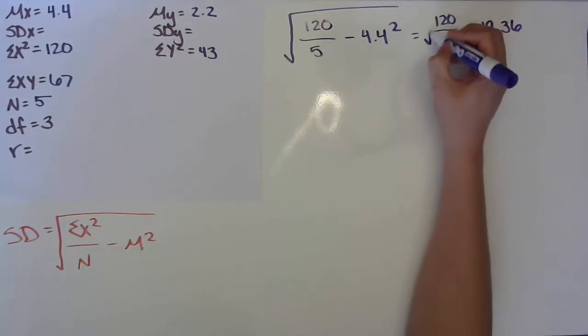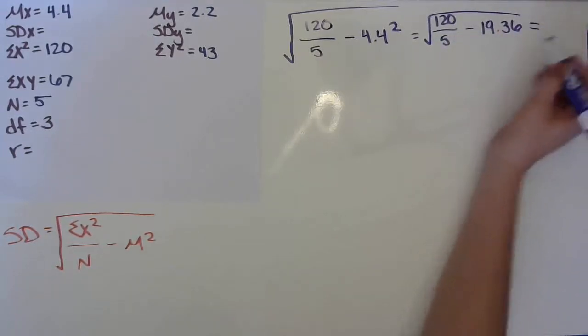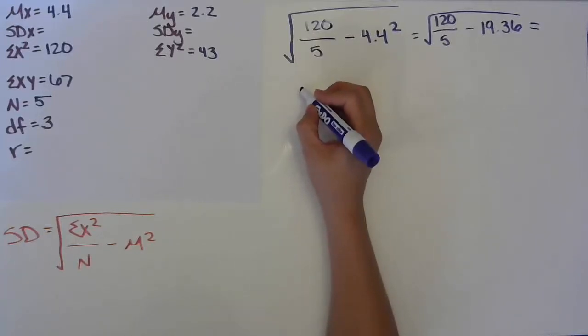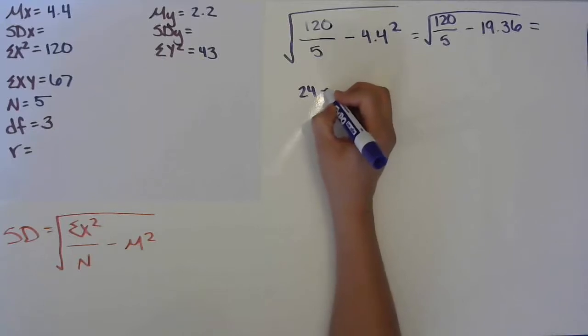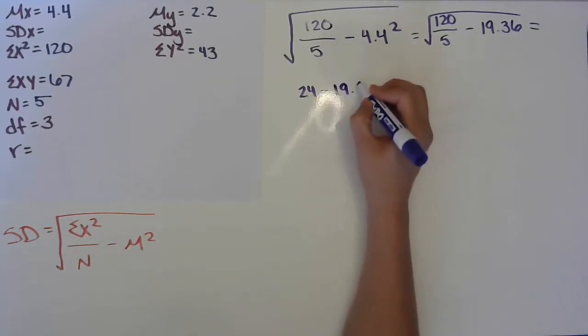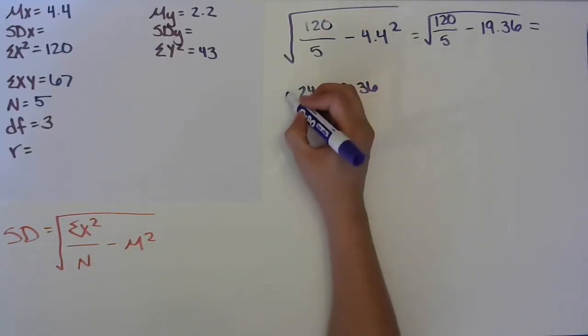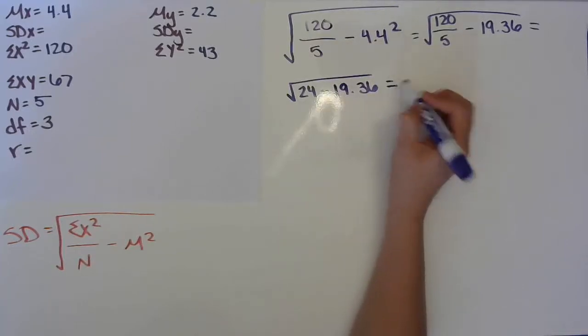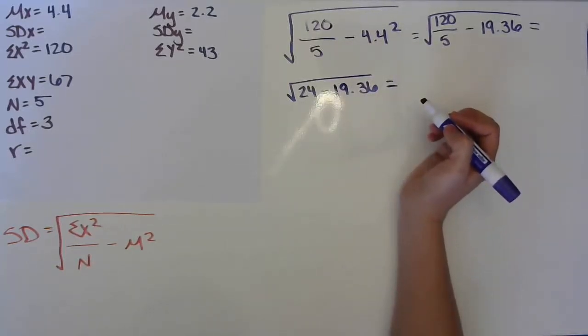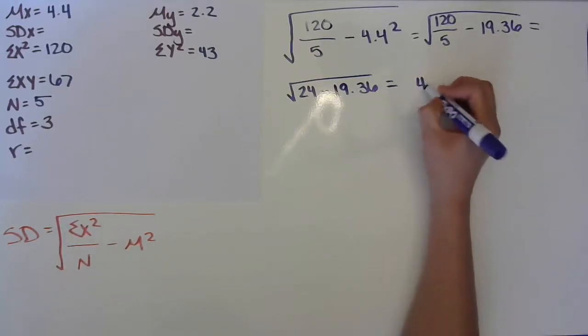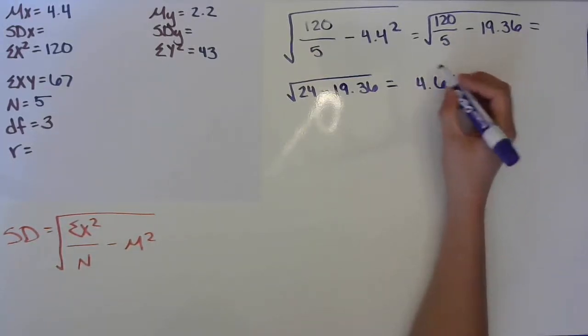19.36. Okay, and then we'll just keep solving down that. So 120 divided by 5 is 24 minus 19.36, and then that goes in the square root. Okay, so 24 minus 19.36 is going to give us 4.64.